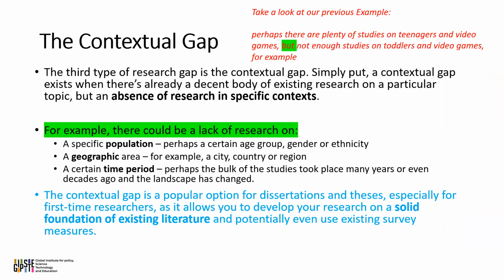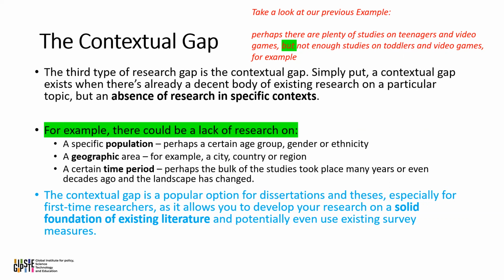All right, for example, there could be a lack of research on maybe a specific population, as we saw earlier, from the video games and the teenagers, where there was not enough study on the toddlers and the video games. It is about a specific population, perhaps maybe on a certain age group, maybe gender, ethnicity, race. All these things can form part and also bring out a research gap.